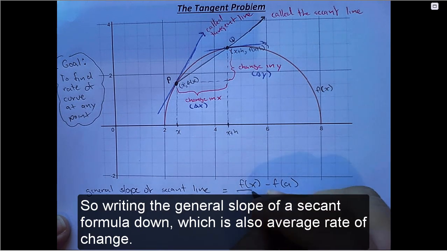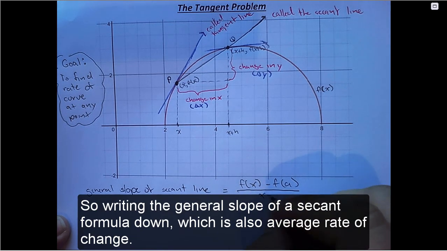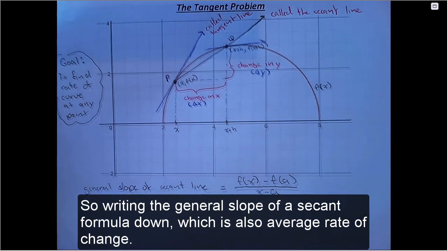So writing the general slope of a secant formula down, which is also average rate of change.